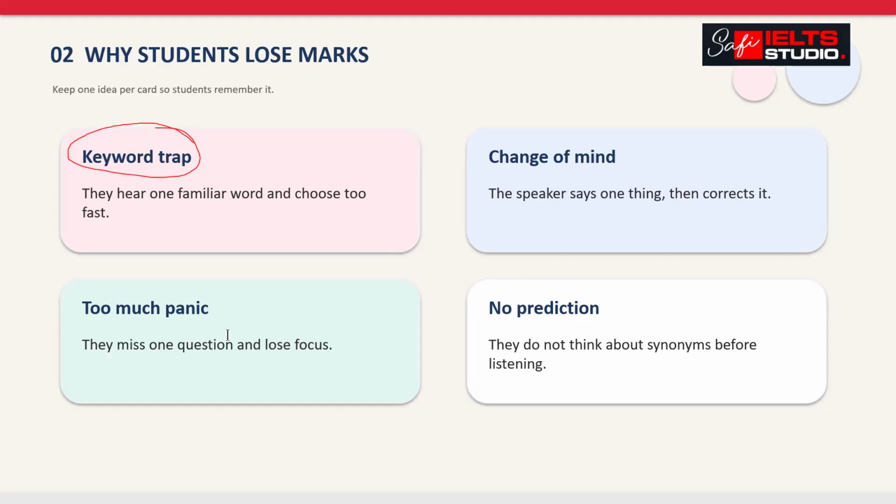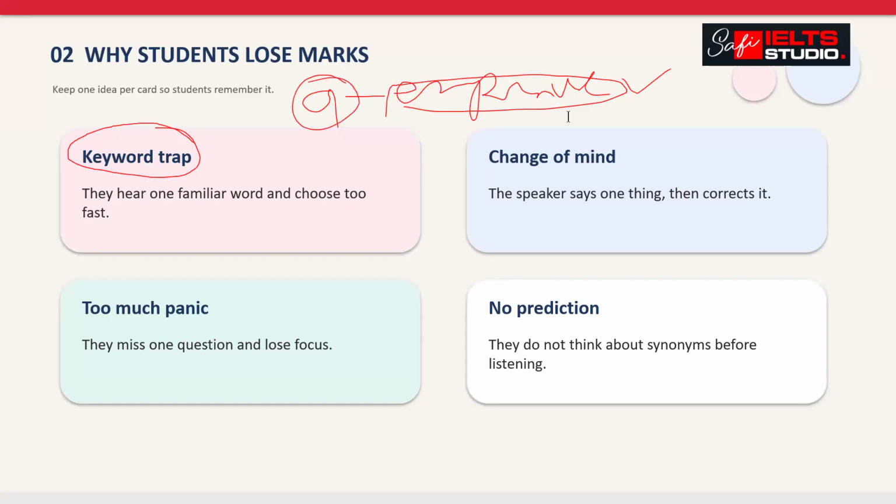Keyword trap means that you will hear a word that you also have in your options. For example, in option A they have written 'expensive', and the speaker repeats exactly the same word, 'expensive'.